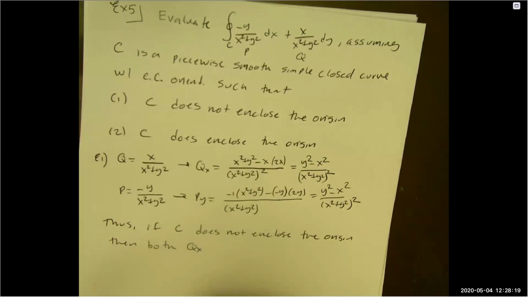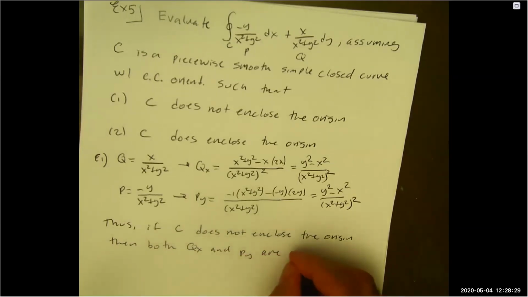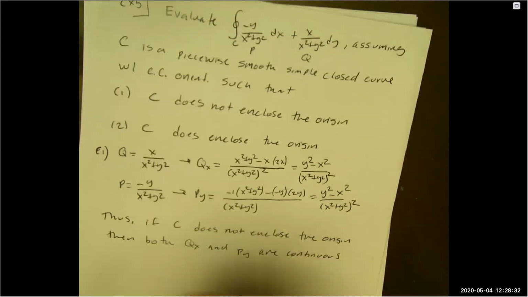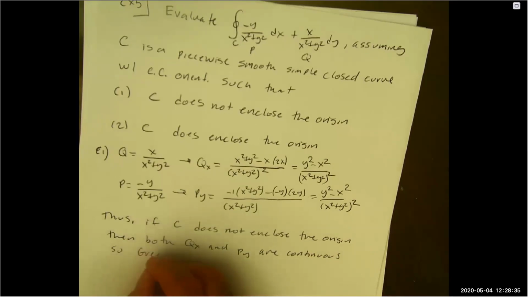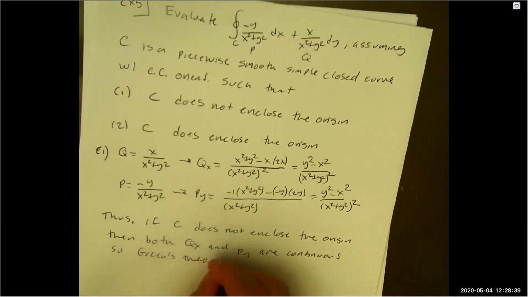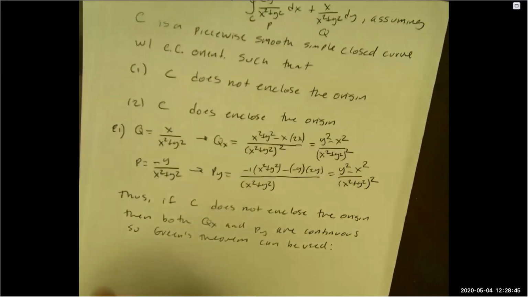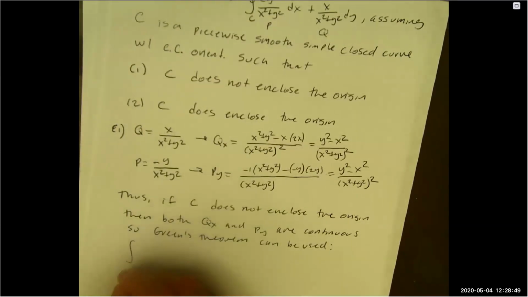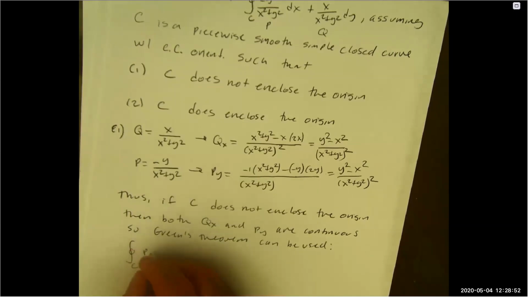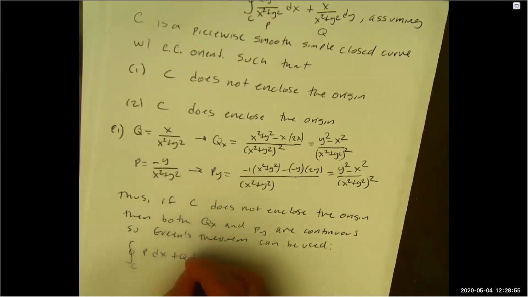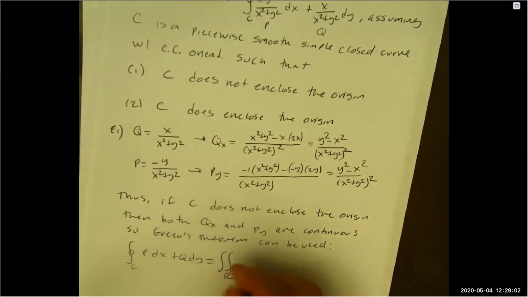All right, and so in this case, we're going to have the integral along C of P dx plus Q dy equal to the double integral over R of Qx minus Py.